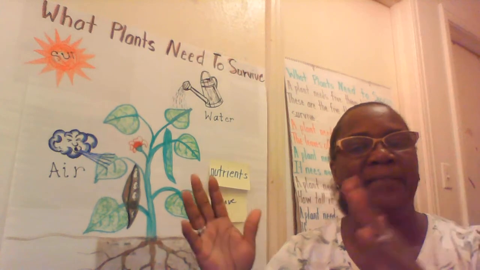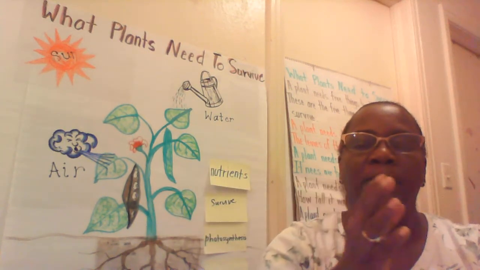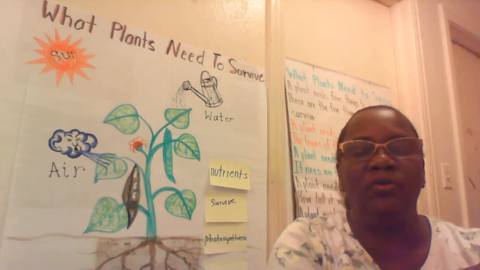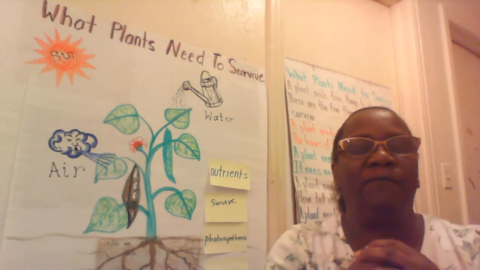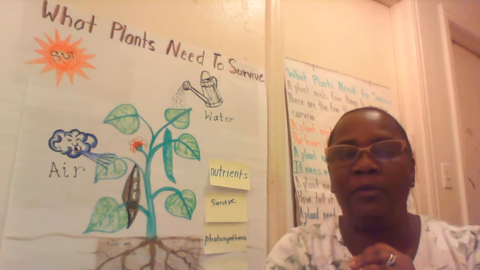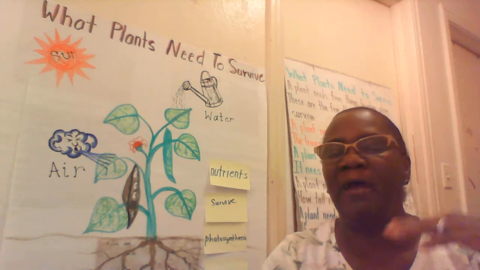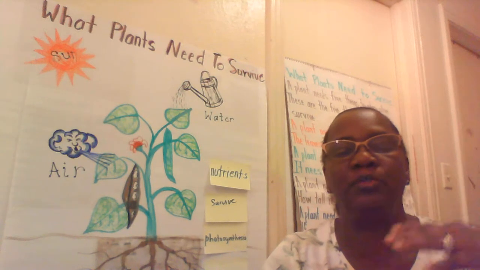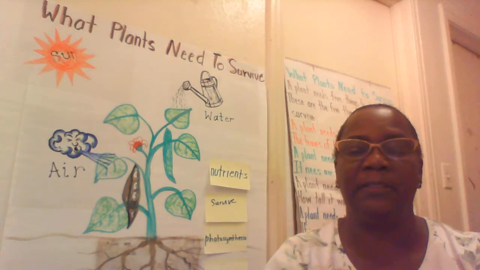Okay, so plants get energy from the sun, and they also need that energy in order to stay warm, because if the plants are too cold, they will not grow. Now, if you notice in the winter time when we don't have a lot of sunlight and our days are shorter, the plants don't grow as much as they do in the spring and in the summer.